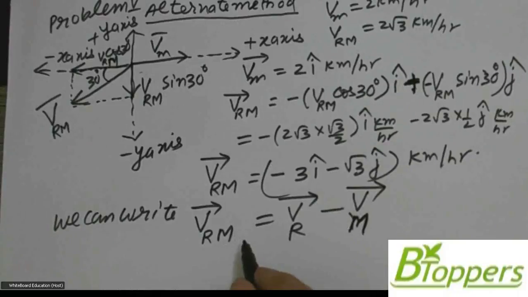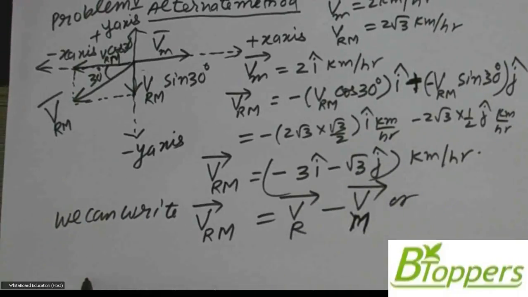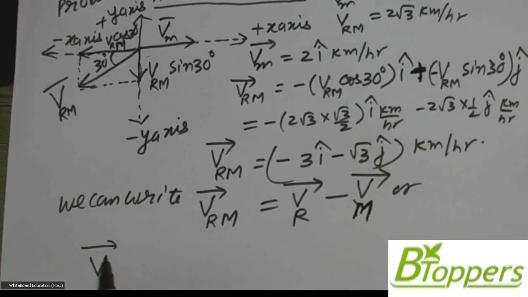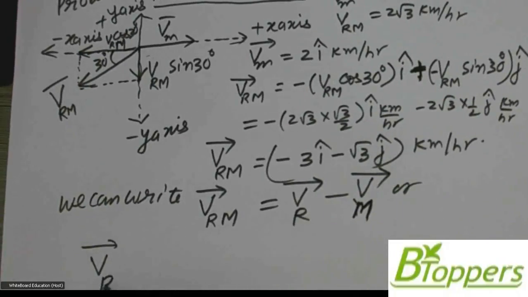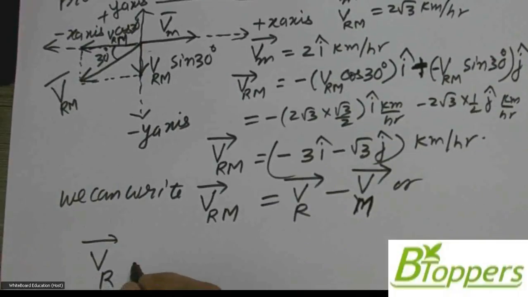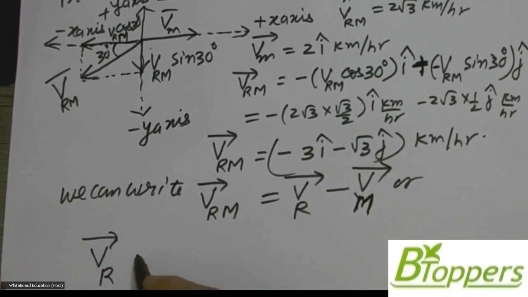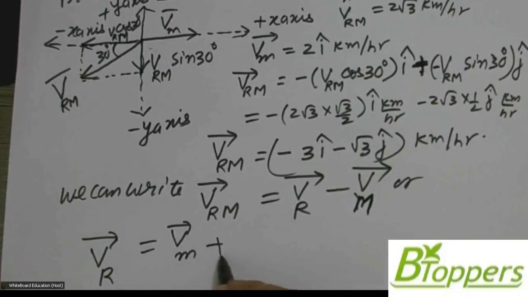You can carry this term minus V_M bar to the other side. So you can write the actual velocity of the raindrops equal to the vector sum of the velocity of the man and the velocity of the rain with respect to the man.